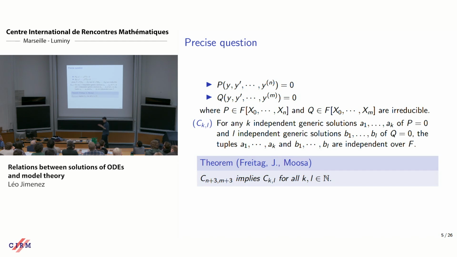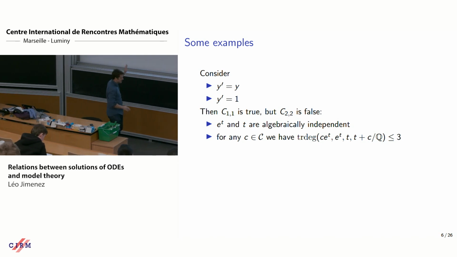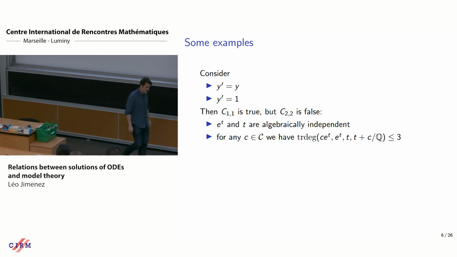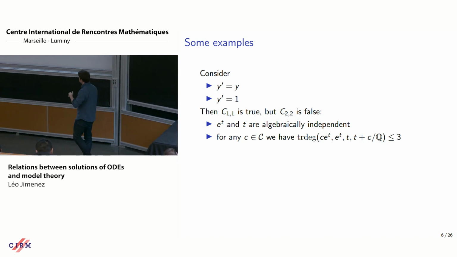On the next slide, I'll give some very basic examples, just to show how this works in practice. Consider y prime equals y and y prime equals 1. C_11 is true, because if I give you e to the t and t, they're algebraically independent.